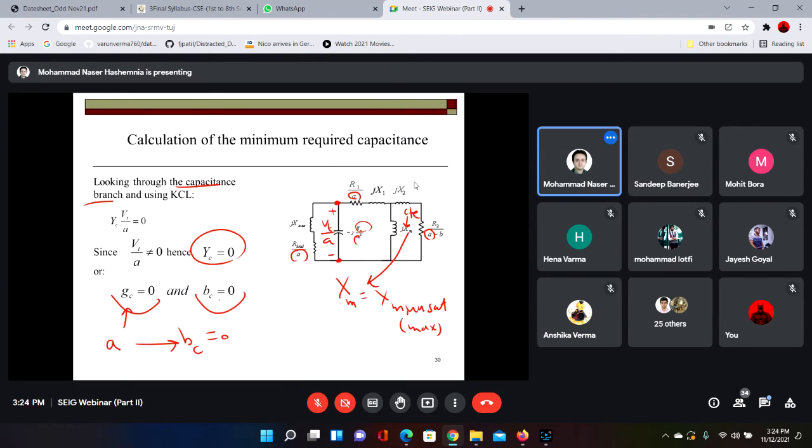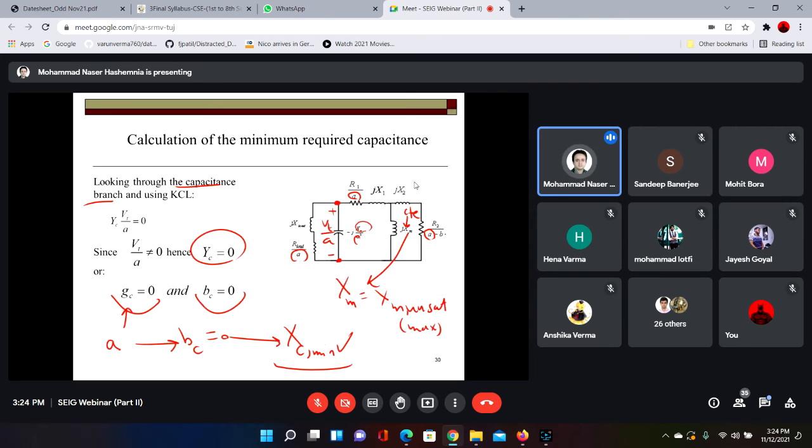That is the way. You don't find firstly the minimum value of C. You first find A. When you are finding A, you know B. B is known, because when someone asks you the required capacitance, then you should know the rotational speed of the rotor. If you change the rotational speed, then there will be another value of XC min.